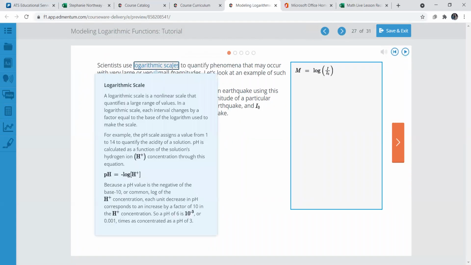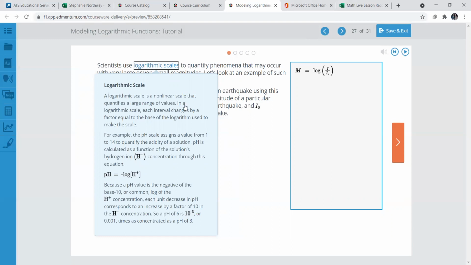Logarithmic scales. A logarithmic scale, just real quick, is a nonlinear scale that quantifies a larger range of values. On a logarithmic scale, each interval changes by a factor equal to the base of the logarithm used in the scale.